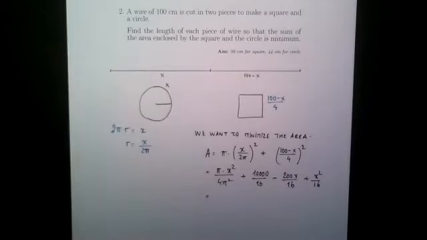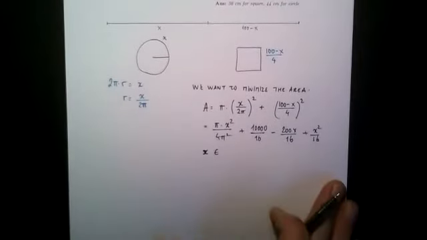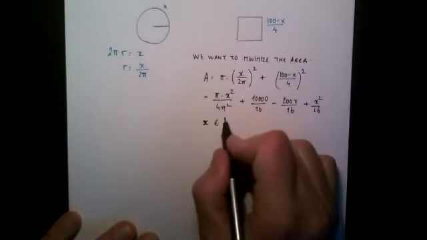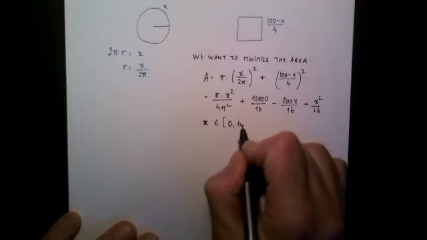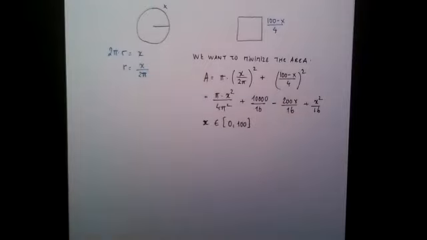And with x, what's the interval for x? What's the smallest value that x could take? 0. And the biggest? 100. Nice. So x being anything from 0 to 100.